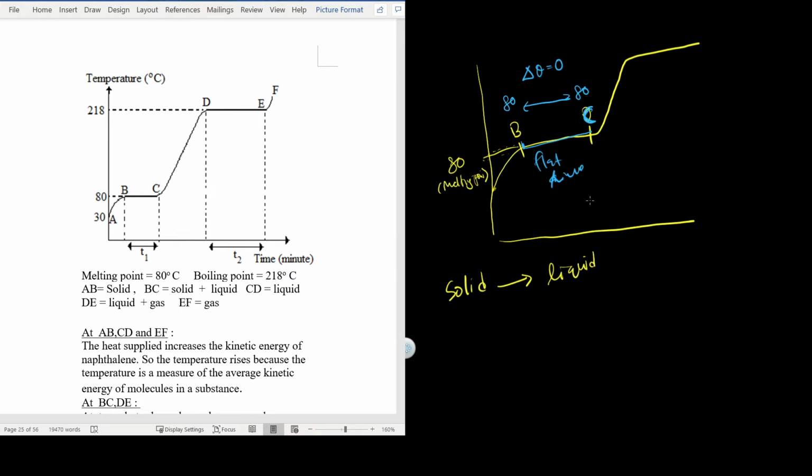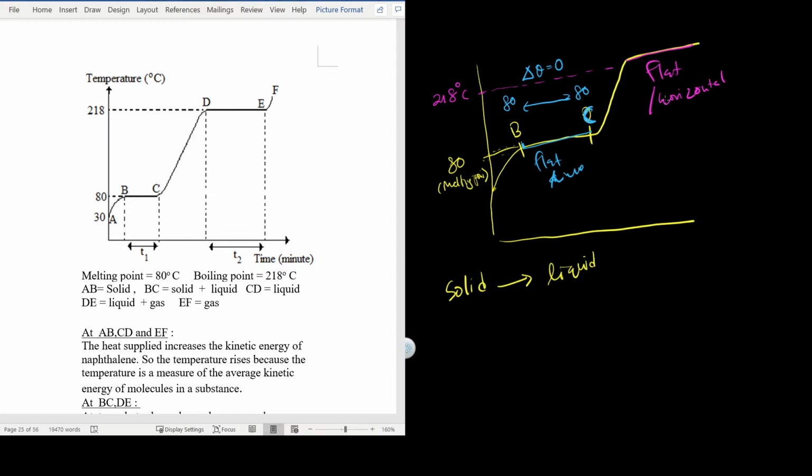Next, what we have is the boiling point, given here as 218 degrees Celsius. How can we identify the boiling point? First, of course, it should be a flat or horizontal line.